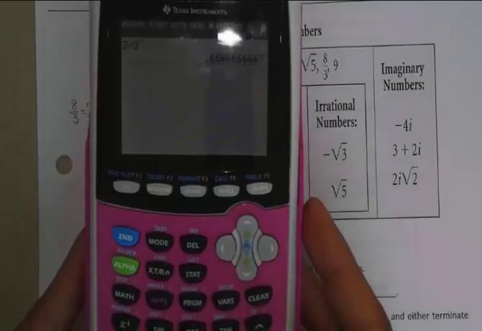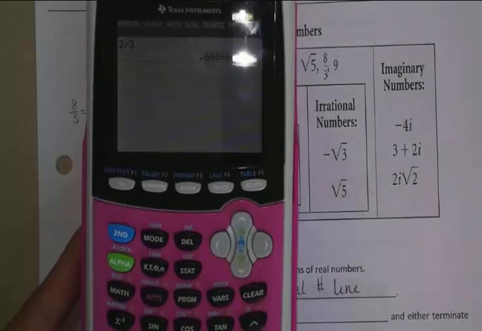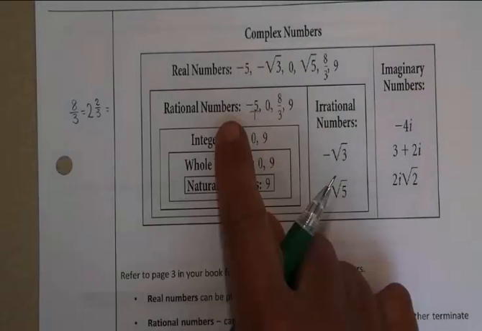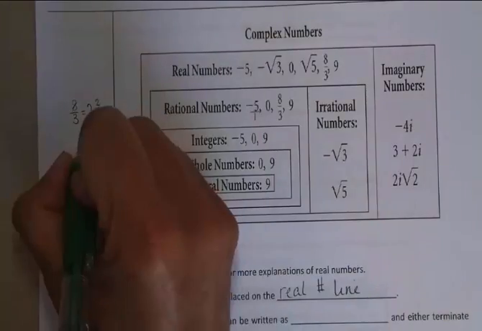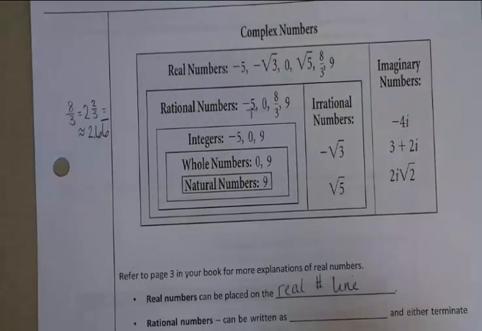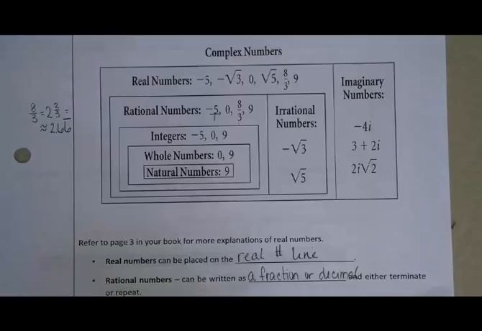Well, 0.66666 repeating is a rational number because it is repeating. So we'd say it's approximately 2.66, and because the 6's are repeating, we can put a little bar over the 6. Okay, but that's a rational number. So if we come down to the bottom, rational numbers can be written as a fraction or a decimal, and they either terminate or they repeat.